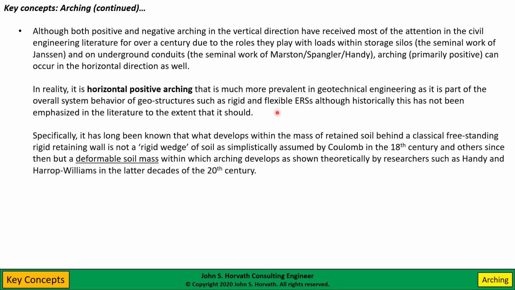Specifically, for a very long time, we know that if we have a classical freestanding rigid retaining wall, something that every undergraduate civil engineer around the world learns about, we do not have a rigid wedge of soil developing behind that retaining wall, as Coulomb simplistically assumed in the 18th century, and many other researchers since then in the 19th and 20th centuries, and even to the present in the 21st century. But really, it's a deformable soil mass, and you get arching developing within that soil mass.